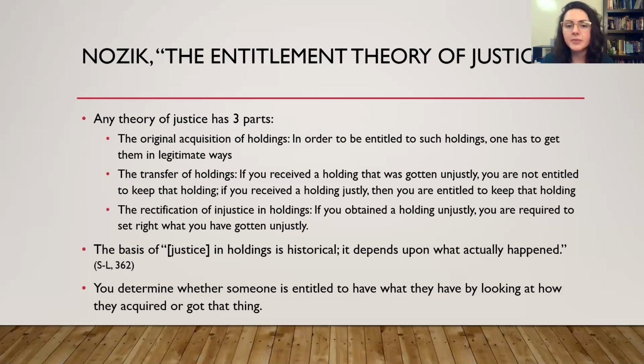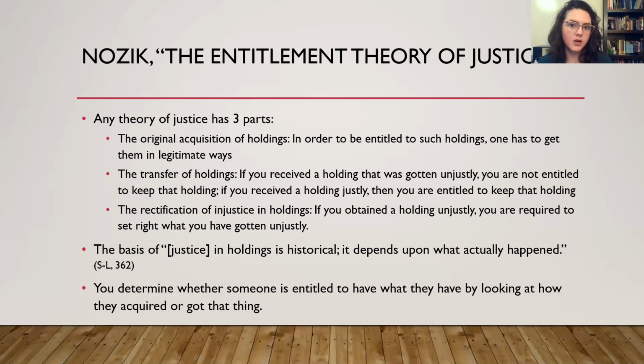Like you cheat somebody to get what they have, or you get something through dishonest means. Those are ways in which you can violate just acquisitions, just ways of changing goods. And if you did those things, you would need to rectify the wrong that you've done.